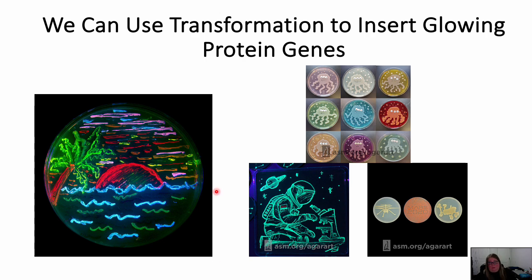We have a bunch of different glowing protein genes that we've used to make bacteria that glow different colors. In fact, there's this whole art movement in science called microbial art, where we take these glowing protein genes and put them in the bacteria, and we use them on plates and make art from them. We have green, red, blue, yellow, and some pink.